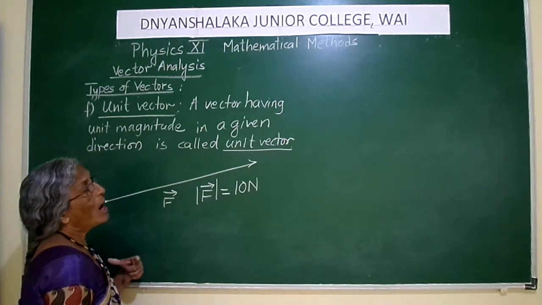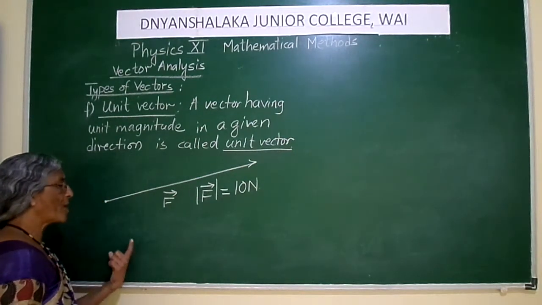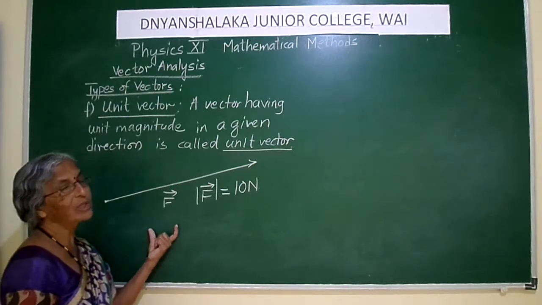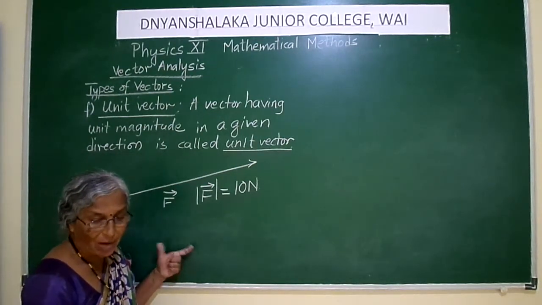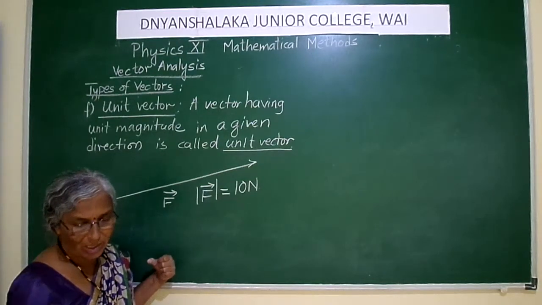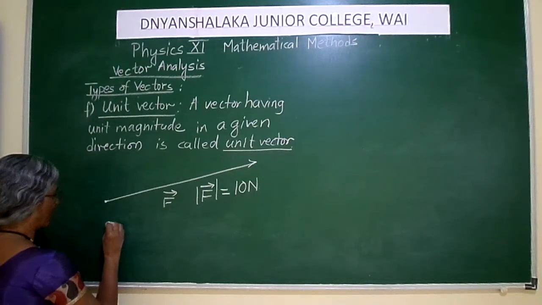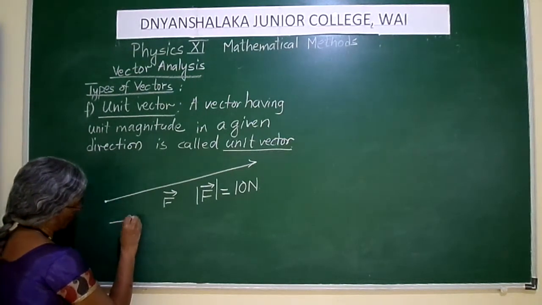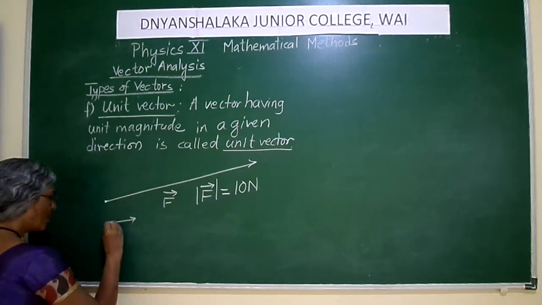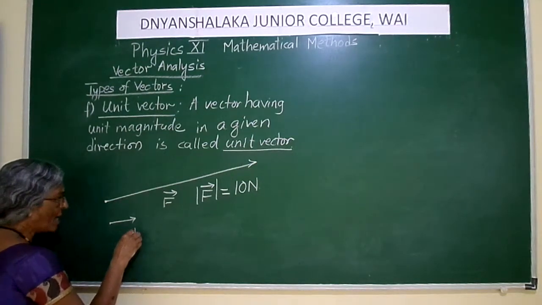Now, what I want to do is express the unit vector of this force vector whose magnitude is 10. Then what am I going to consider? I will consider another vector in the same direction, but the magnitude of this vector is 1 newton.